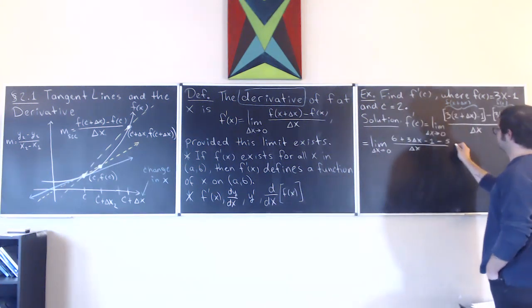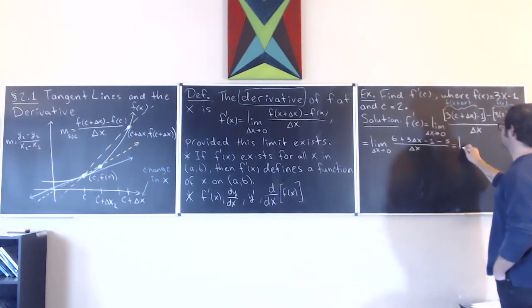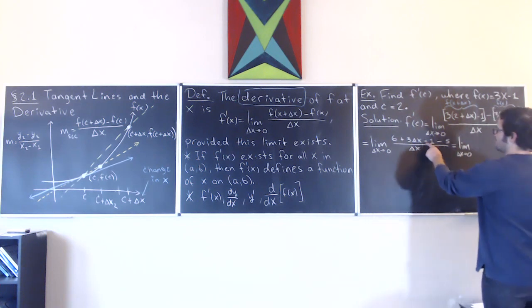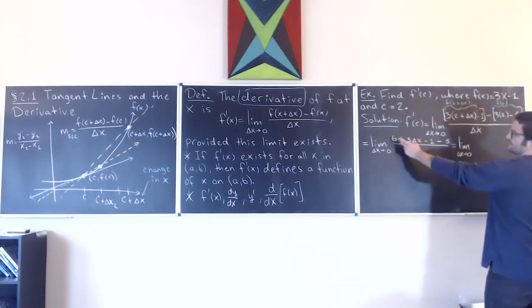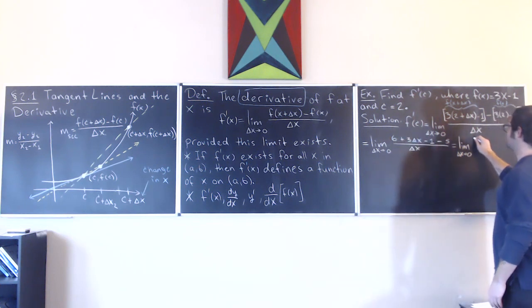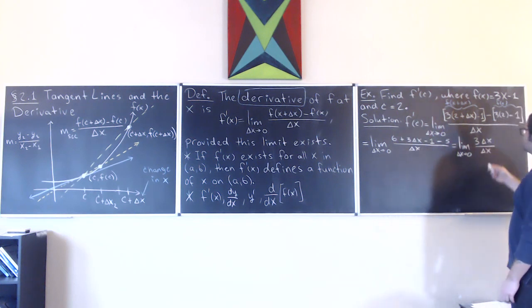And then we get the limit as delta x goes to 0 of, so we have minus 1, minus 5, so minus 6, plus 6. So those go away, and we're left with, those divide out.